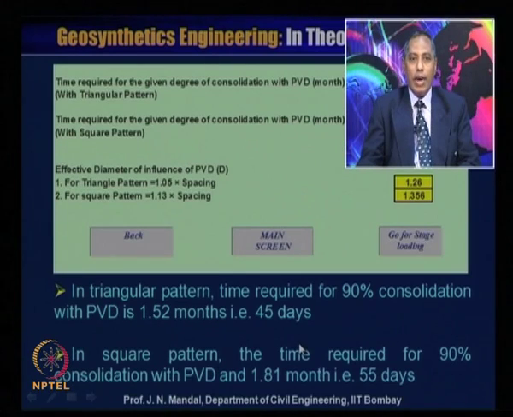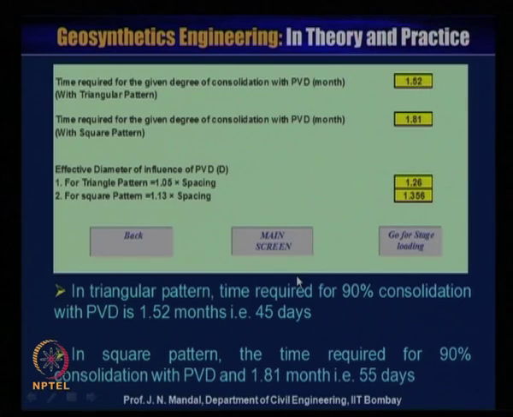So, you can calculate the time required for the given degree of consolidation with PBD: 1.62 months for a triangular pattern, and 1.81 months for a square pattern.